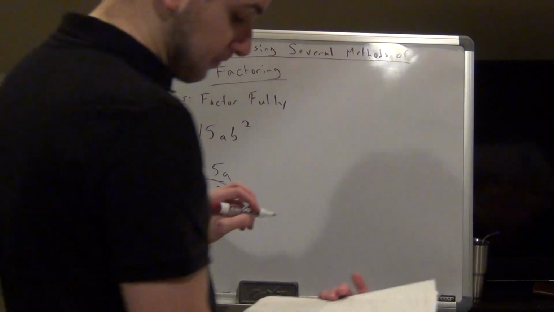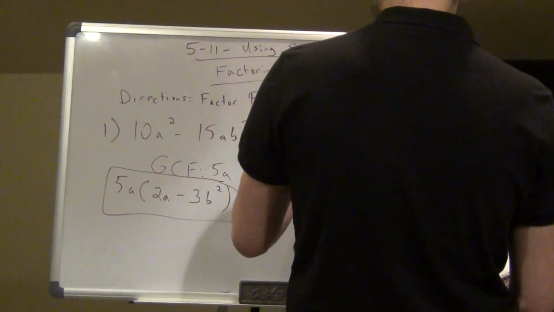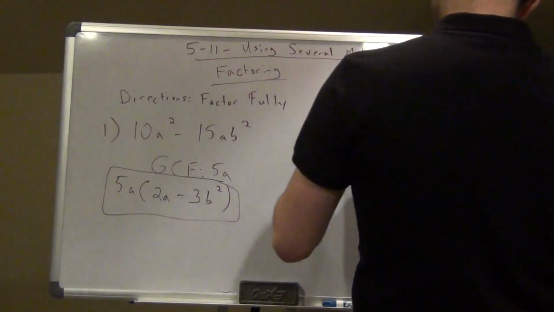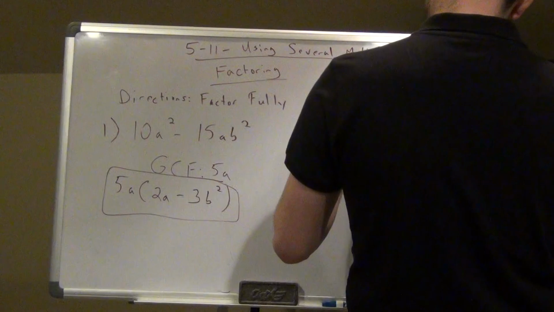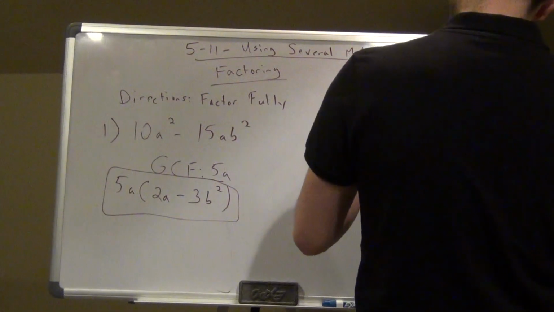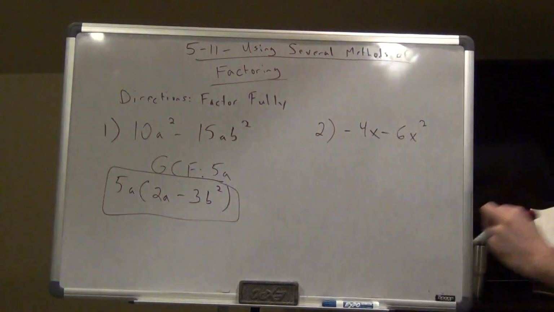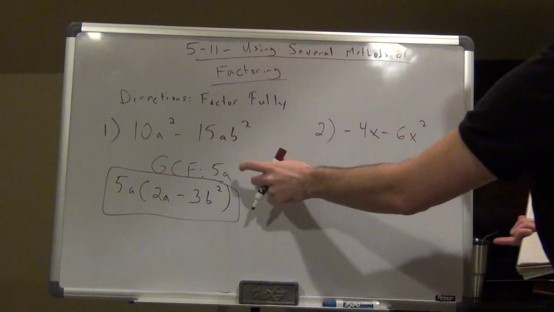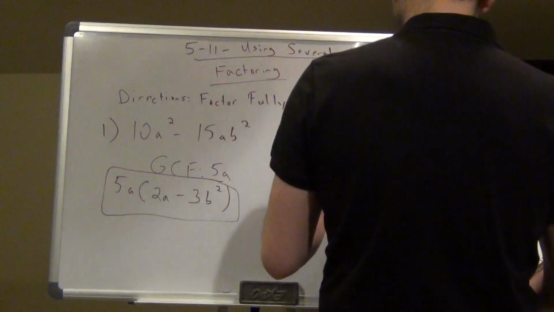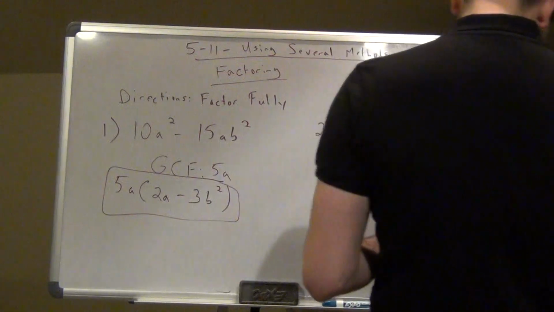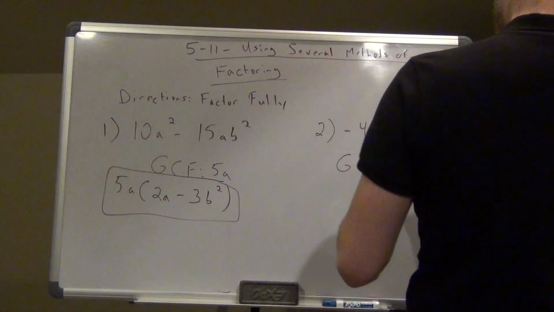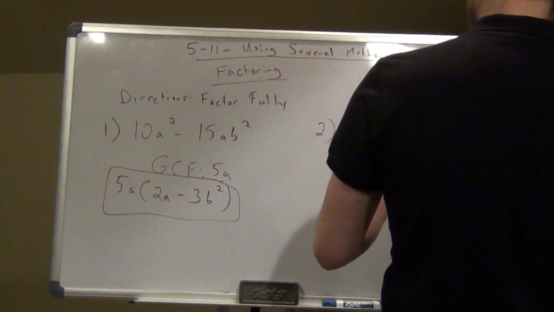Let's look at a second one. Let's say I get negative 4x minus 6x squared. First step, find my GCF. In this case, my GCF would be negative 2x.